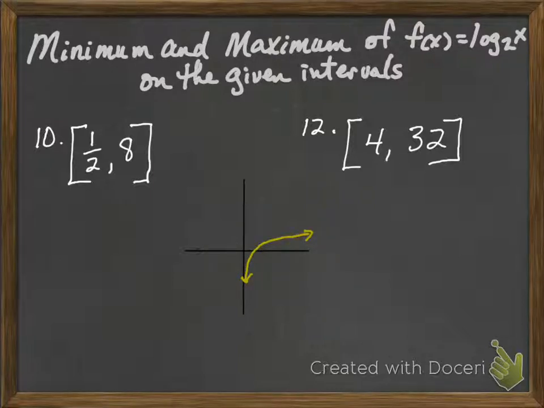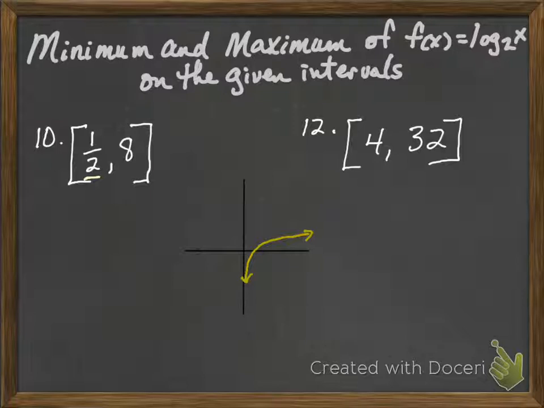So I graph it out, and I'm going to look at my table is what I mean. And I'm going to set my table to where I start at 0, and the delta is going to be 0.5 because I'm starting at 1/2, right? So I need to see 1/2.